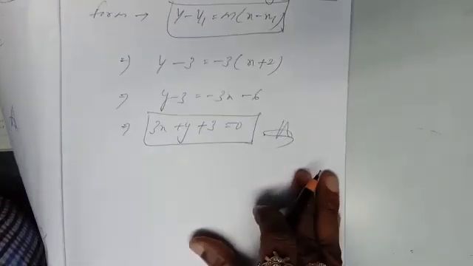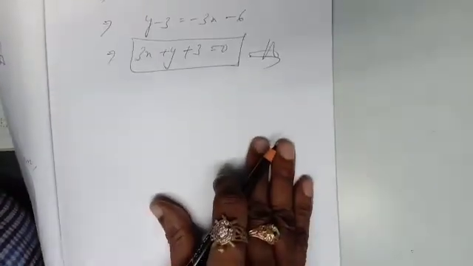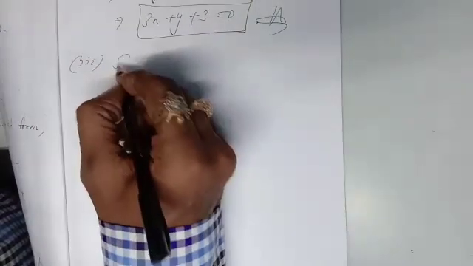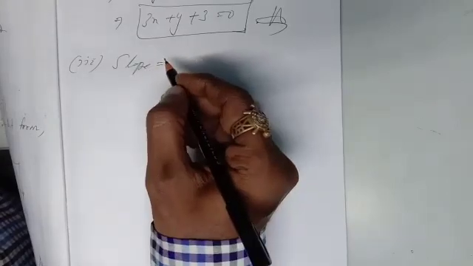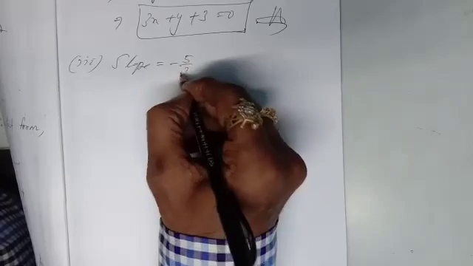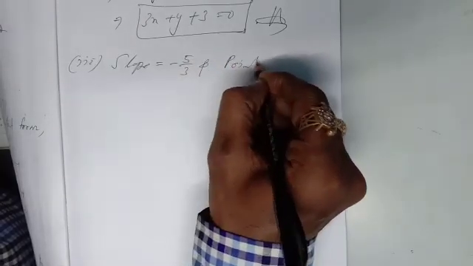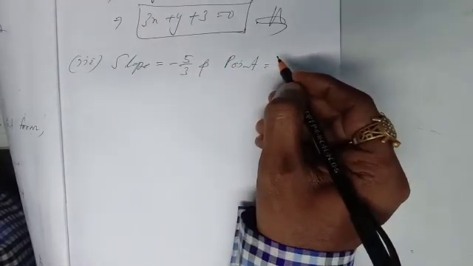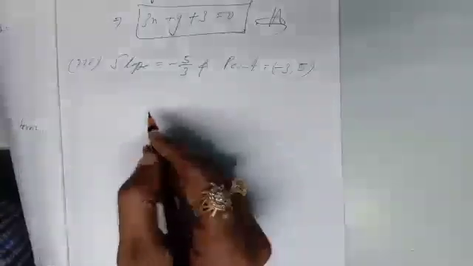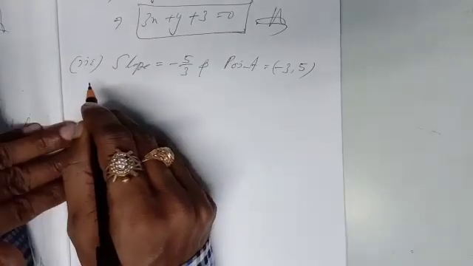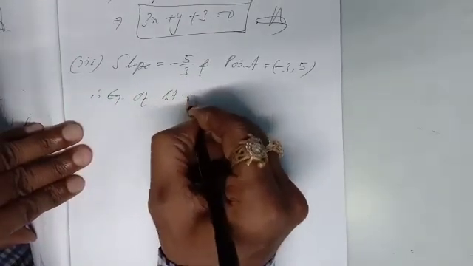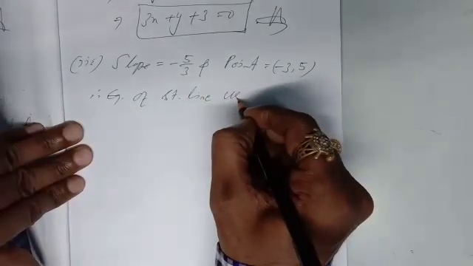Just see the third part, it is given. Slope given equal to how much? Minus 5 by 3. And passing through the point given, minus 3 comma 5. Equation of line you have to find out. Therefore, equation of straight line using what form?